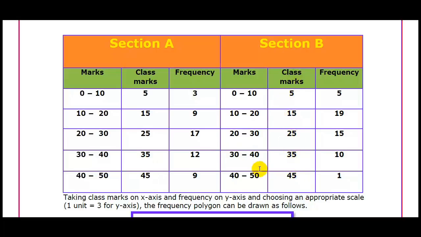To draw the frequency polygon, we take the class marks on the x-axis and the frequency on the y-axis, and the appropriate scale will be 1 unit equal to 3 for the y-axis.